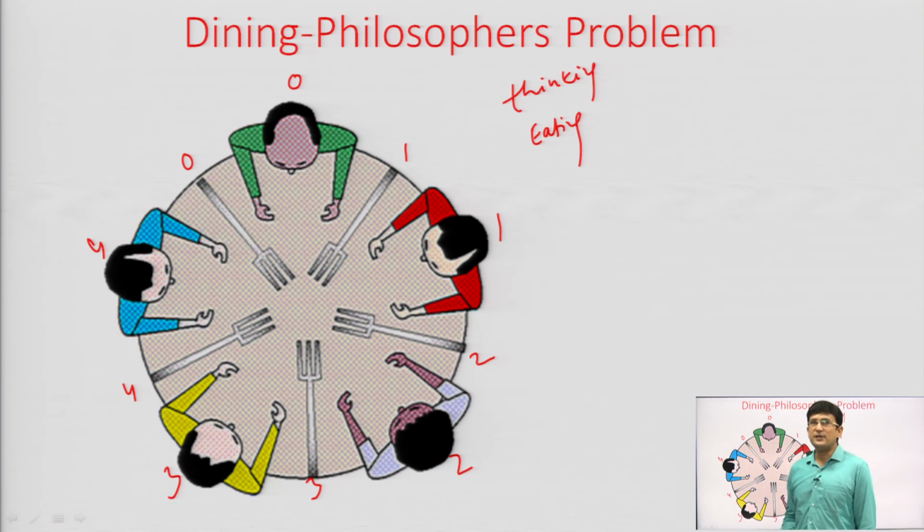A process, or the philosopher, who wants to enter the critical section, the eating state, must have both the forks, one on the left and one on the right. You can see that if philosopher 0 enters the eating state, then he must be occupying these 2 forks, 0 and 1.